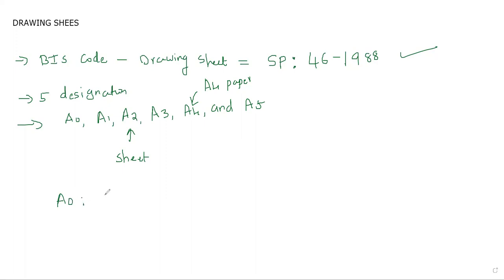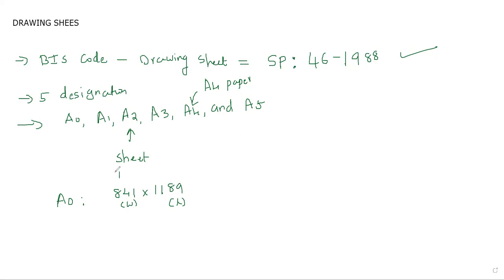The trimmed size, let me write the trimmed size. It is 841 into 1189. This is width and this is length. All are in millimeter.